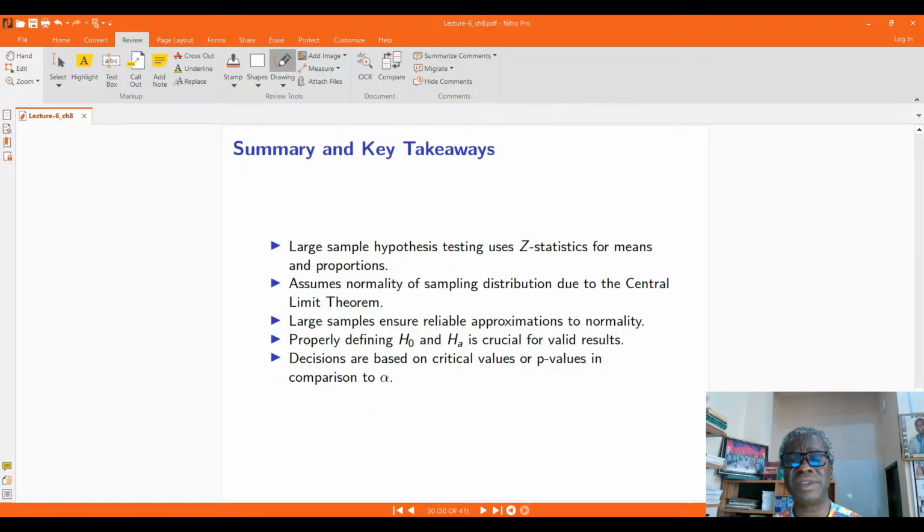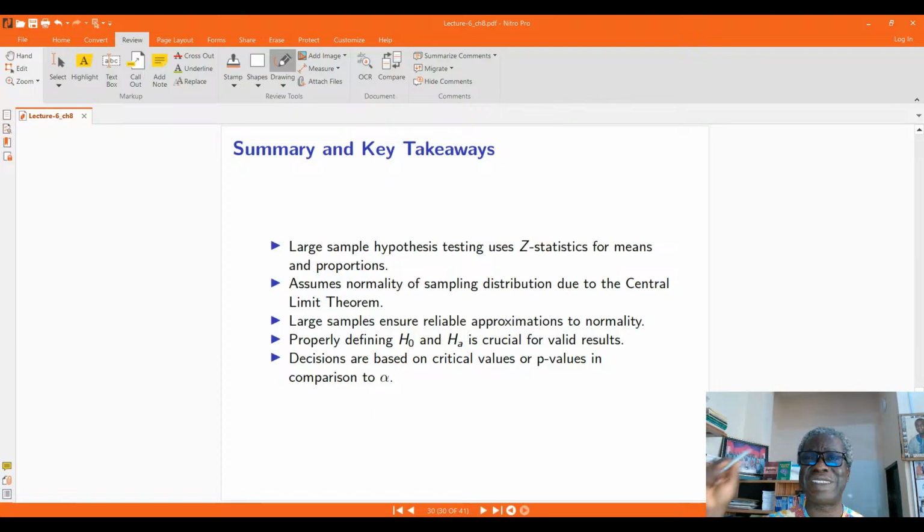Then remember that you must properly and correctly define your null and alternative hypotheses if you want to get valid results. And you don't specify your hypothesis after you have collected data.